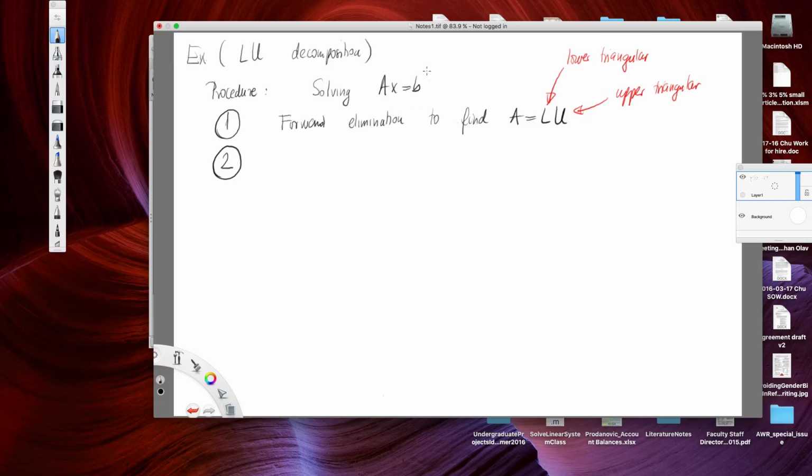And then the second step is for right-hand side B or any number of right-hand sides B. So if I'm solving multiple systems that have different B's, I'm going to repeat this step multiple times. So for every right-hand side B, we do the following. We solve LD is equal to B to find D. And this is forward substitution, so it's very similar to backward substitution.